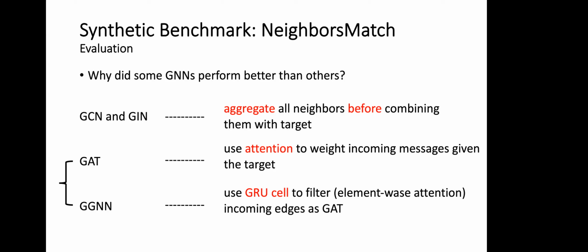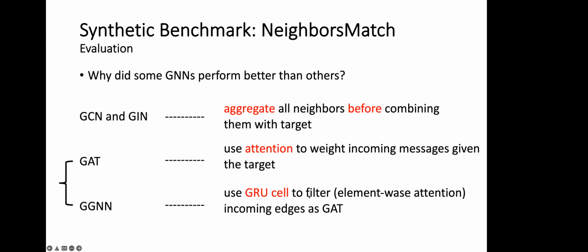So we can consider the target node that receives messages in the R step. GCN and GIN aggregate all neighbors before combining them with the target node's representation. Therefore, they must compress the information flowing from all the leaves into a single vector, which will only interact with the target node's own representation.